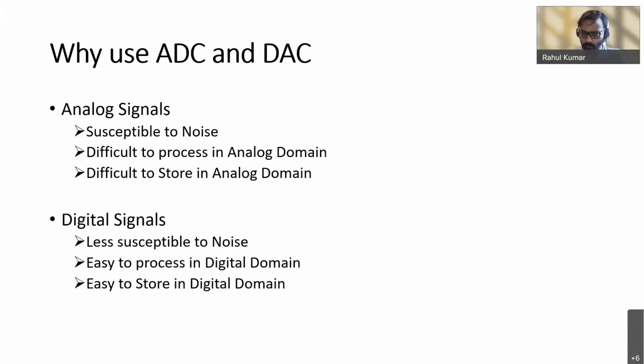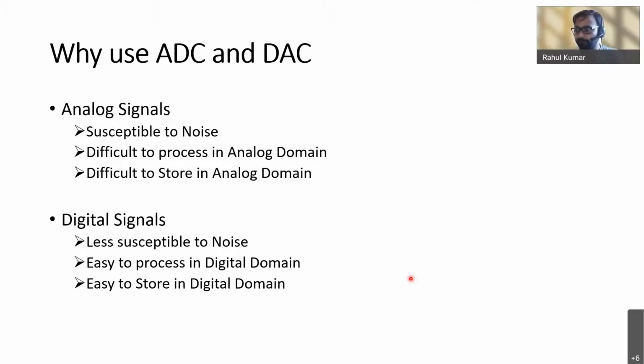Now, one very common question would be, why do we need to convert the analog signal into a digital signal? We use ADC for communication systems, and even the sensors convert the analog signal into digital. But why do we need to do that? Why can't we use the analog signal itself?